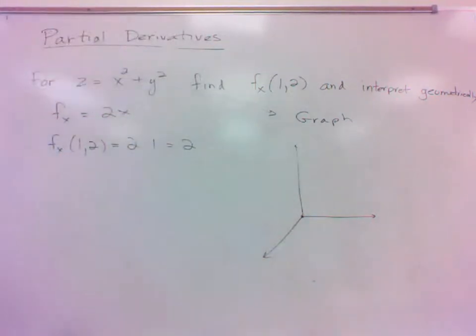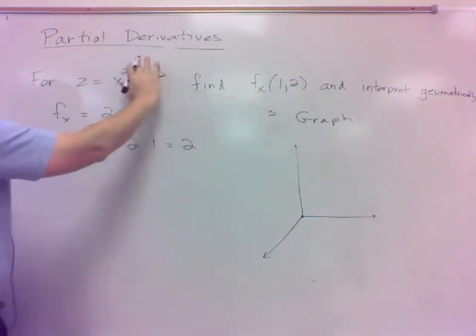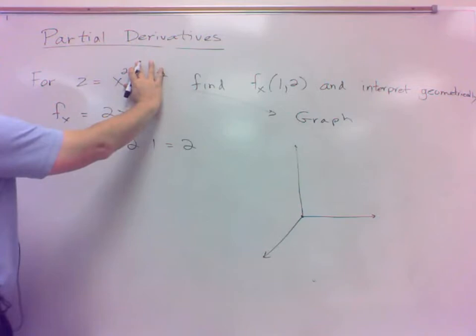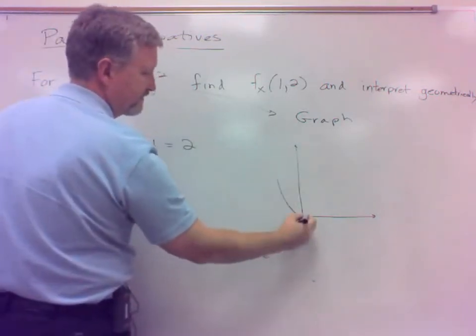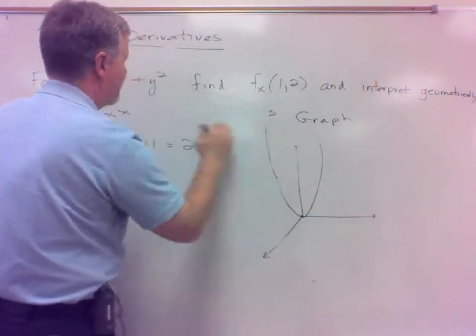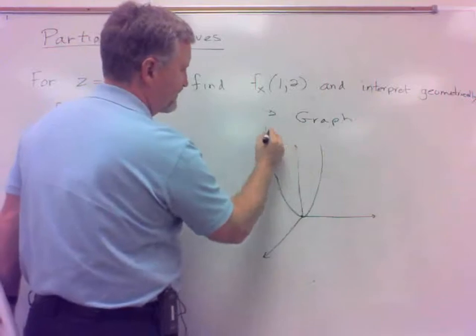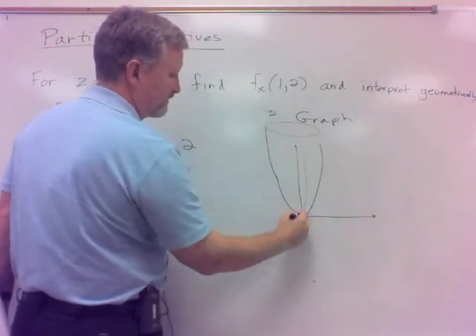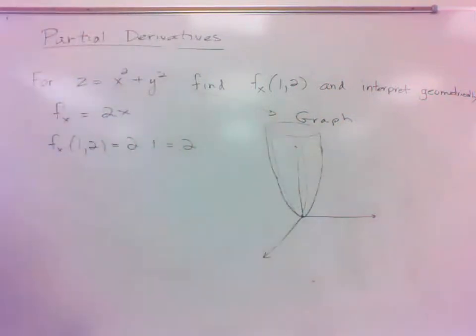Now, if you think about slices here, the xz plane and then the yz plane. If we're just in the xz plane, we're looking at z equals x squared, which is a parabola opening up. And then the same thing in the yz plane, we're talking about a parabola there. So we're looking at this paraboloid, kind of this rotated three-dimensional parabola.